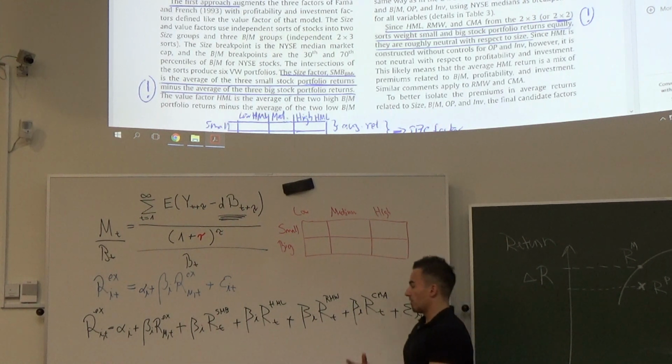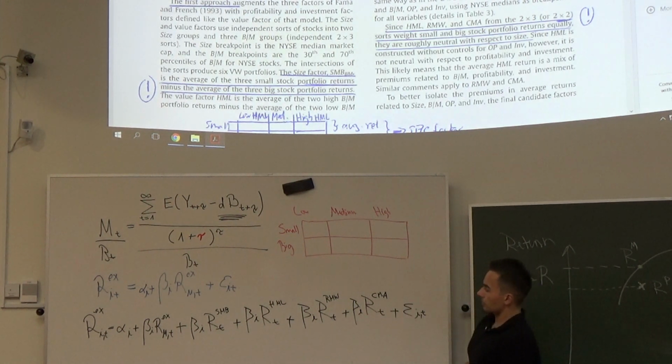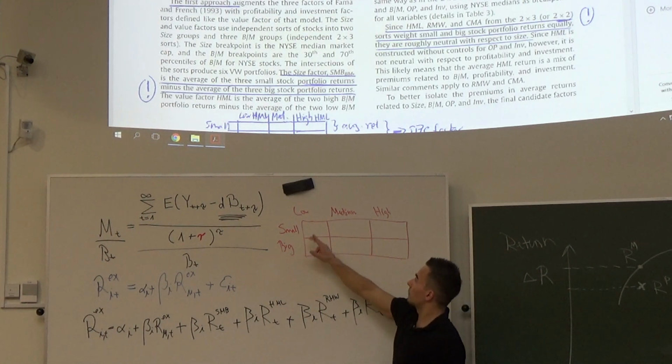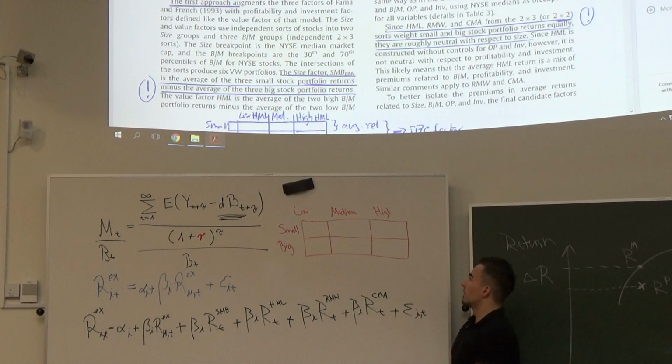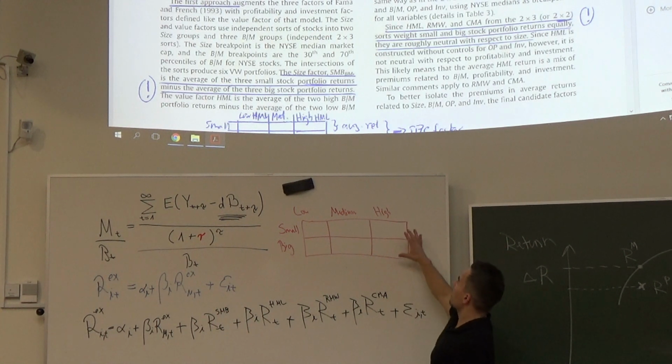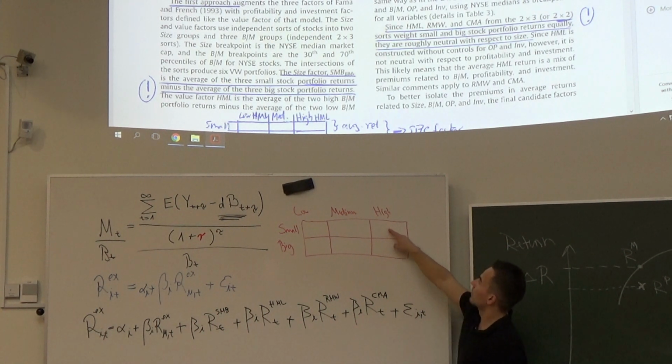So, and then they construct the factors in a way, for instance, the book-to-market ratio factor using 2x3 sorts. So they are long on this group plus this group.